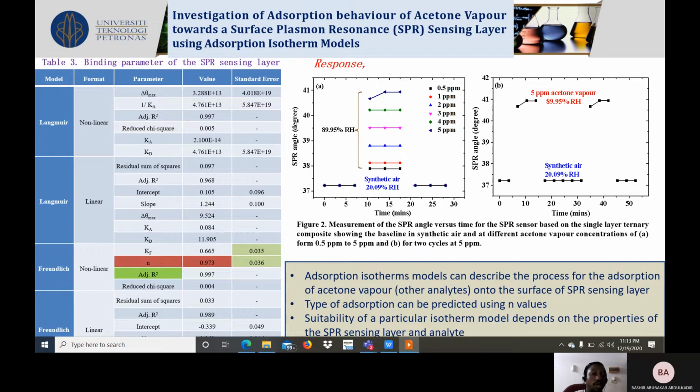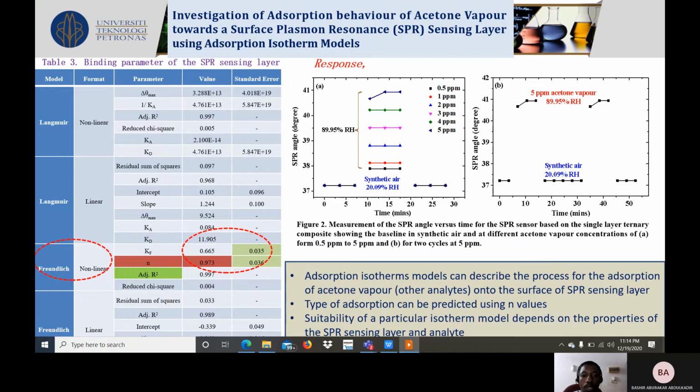If we have a look at these four different formats, we come to the conclusion that the Freundlich model, the non-linearized one, features the highest R-square value and at the same time shows the smallest value of error parameters.